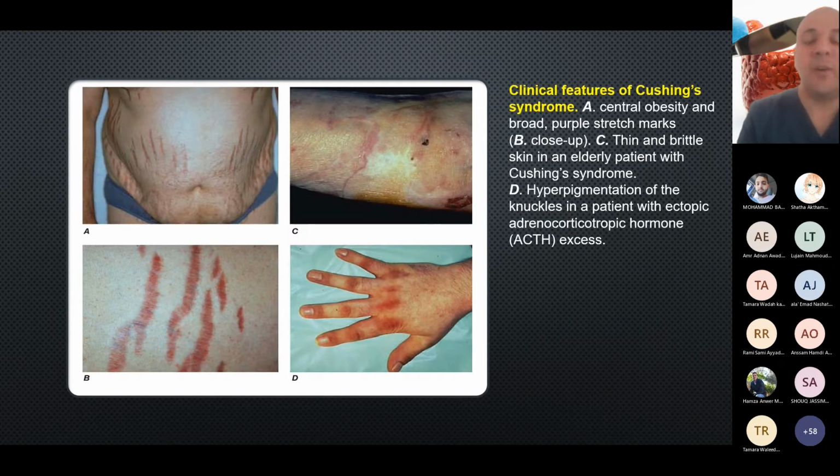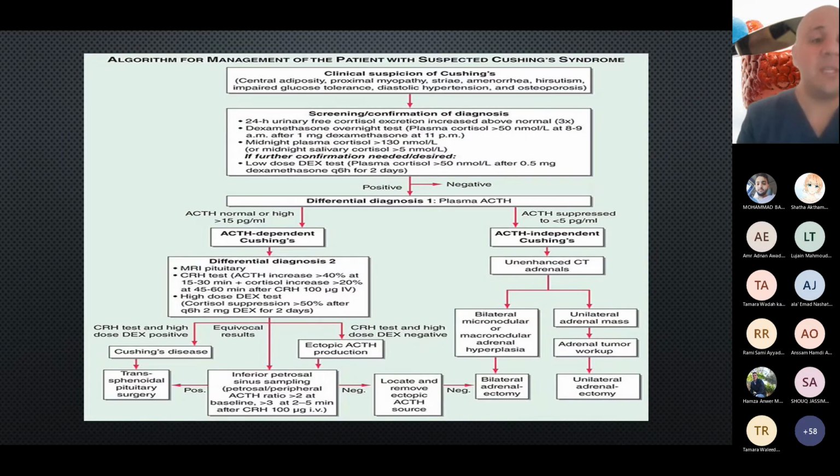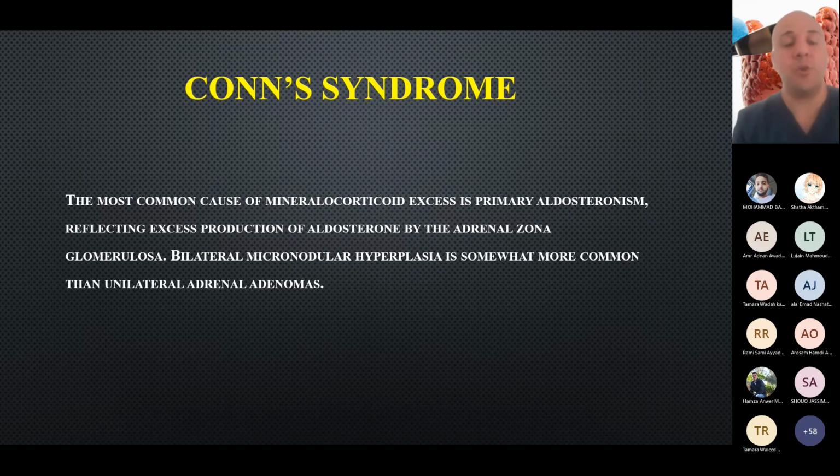And of course, you can go into these slides quickly. These are the very important signs of Cushing's syndrome, and you can see here the violaceous striae and the centripetal fat distribution, or the centripetal pattern of obesity, in Cushing's syndrome.